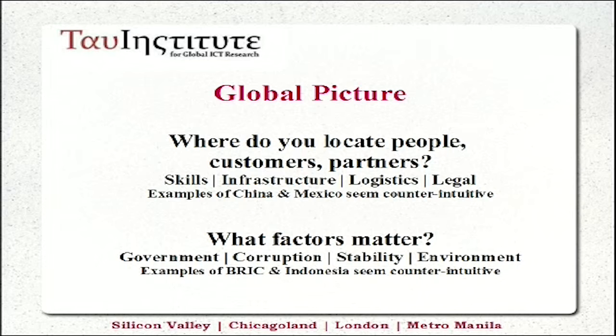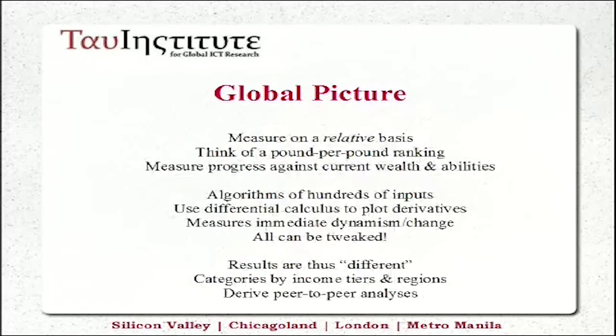And what factors matter in terms of investment? If you look at investment flows, a lot of money goes to Indonesia and these other BRIC countries, Brazil, Russia, India, and China. And this seems counterintuitive to me too, because if you look at government corruption, stability, environment, most of those countries do not do well in any of those categories. So we're looking at everything on a relative basis.